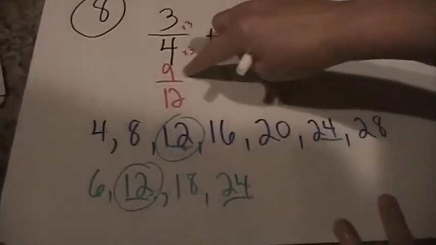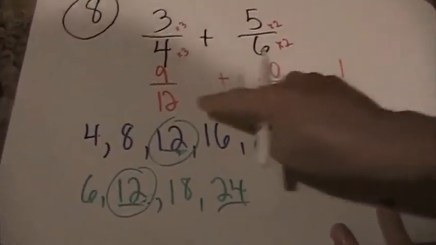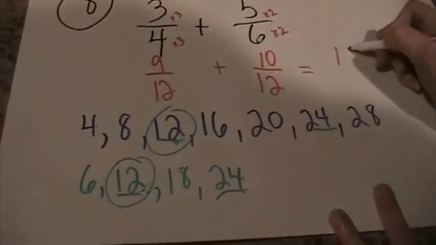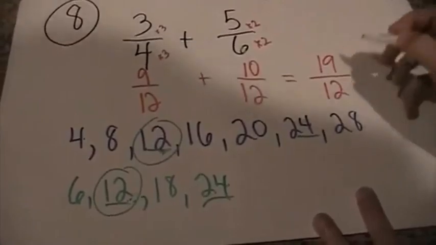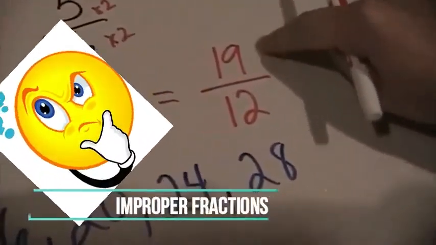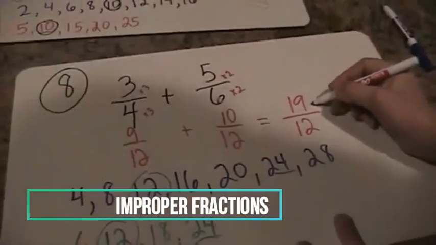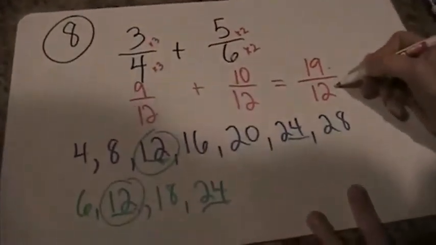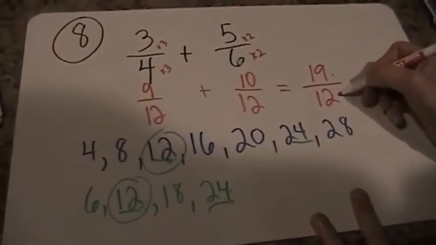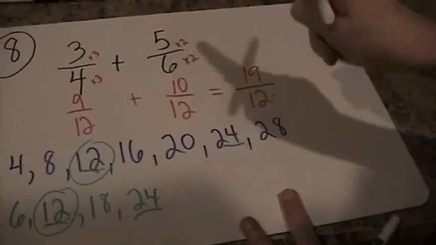And now I'm adding 9/12 and 10/12, which I can add because they stay 12ths. And I end up with 19/12. And you might say, uh-oh, improper fraction. The numerator is bigger than the denominator. And the way you can solve that is division, but that's another video.